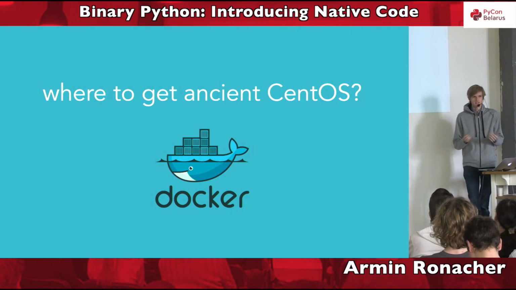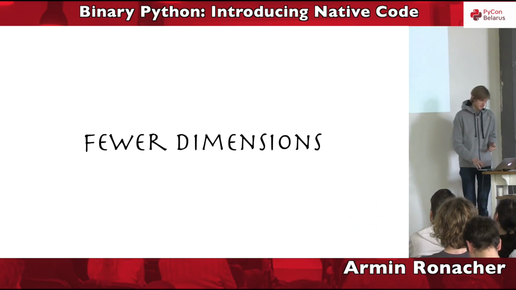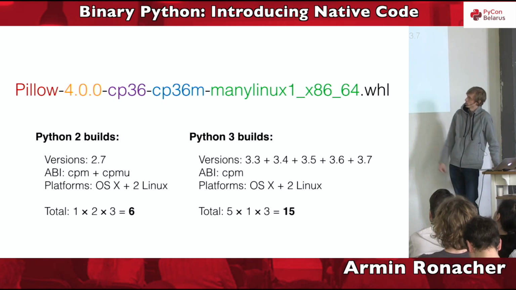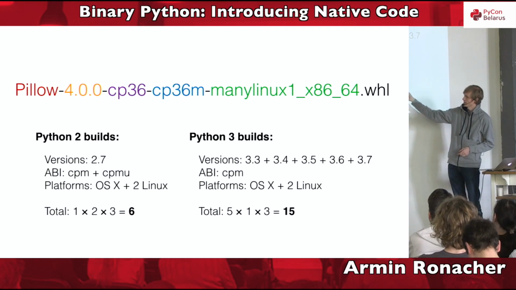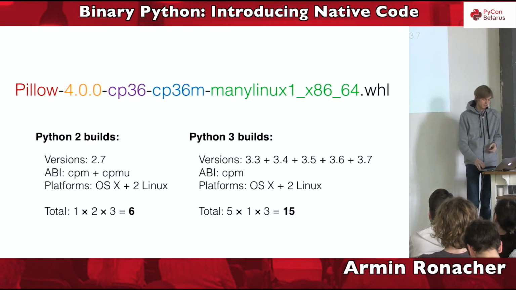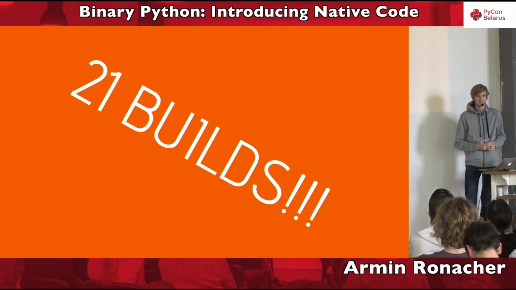So imagine we would have to build a lot of packages on ancient old Linux. How do we build fewer packages? So we reduce the dimensions. So this is Pillow. We don't build this. But if Pillow releases 4.0.1, they have to build 15 binary packages for Python 3 alone, and then have to build 6 packages for Python 2, which is 21 builds.